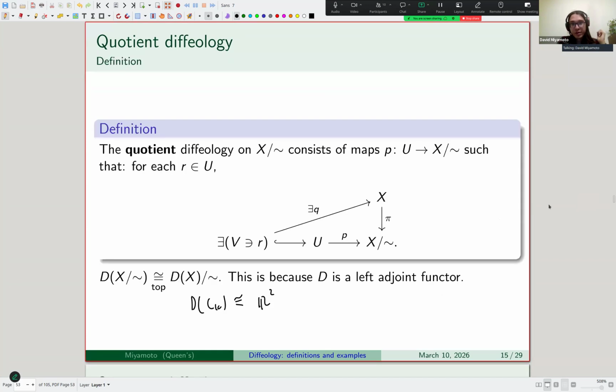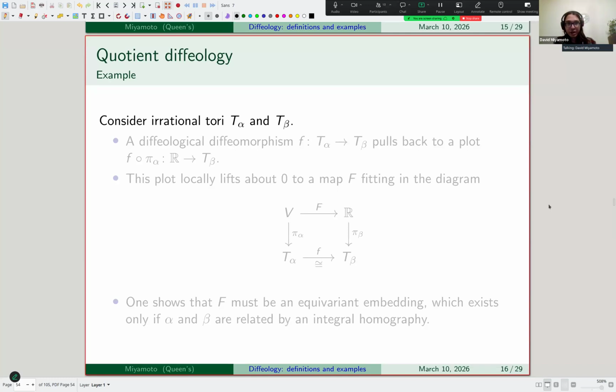And I just wanted to give a small example of how diffeological arguments work. So already we can do something interesting in diffeology. So take two irrational tori. If I have a diffeological diffeomorphism, a smooth map with smooth inverse, then I will get a plot by pulling back by the projection of the domain. So it goes from R to T_beta.